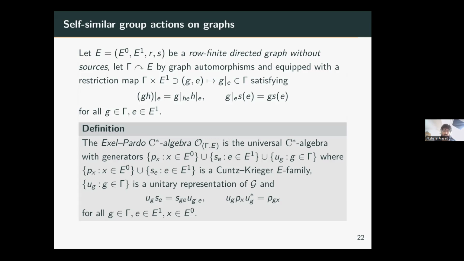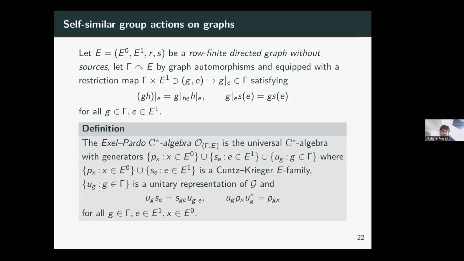And the unitaries need to be a unitary representation of here I have said G, maybe I should have said gamma. Yes. And they need to satisfy these conditions. The C*-algebra you get from these elements satisfying these conditions is called the Exel-Pardo algebra.